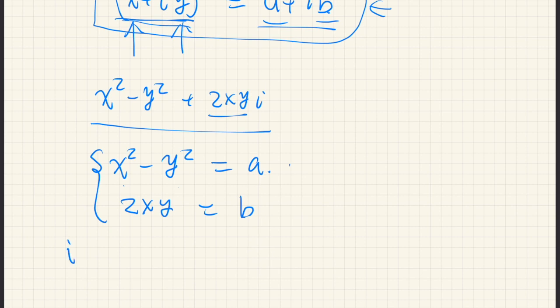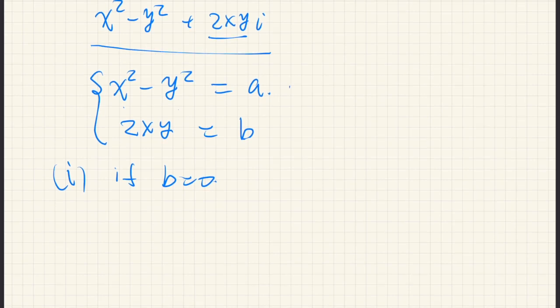Case 1: if b is 0, then xy is 0 from the second equation. So that means x is 0 or y is 0.